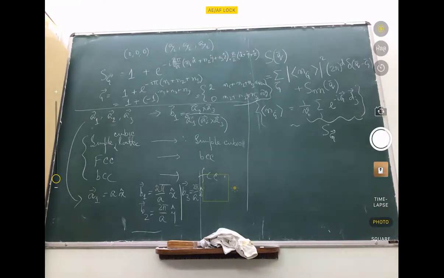There is a small discussion in Ashcroft's book on this, so you should read up that part. It shows that this geometric structure factor does have consequences when you do experiments, and you have to keep that in mind.